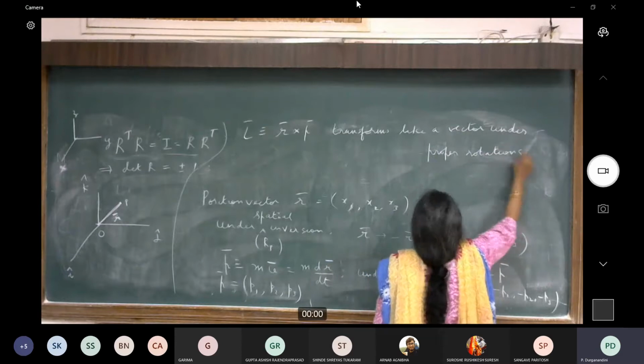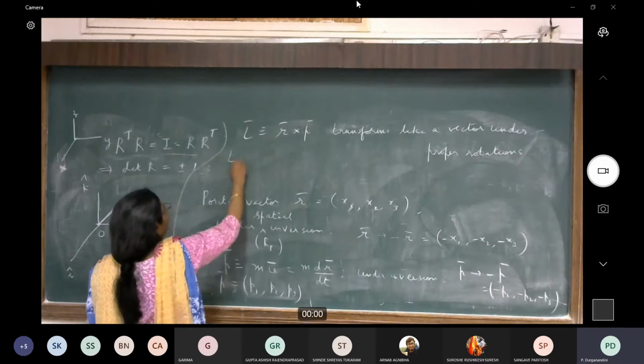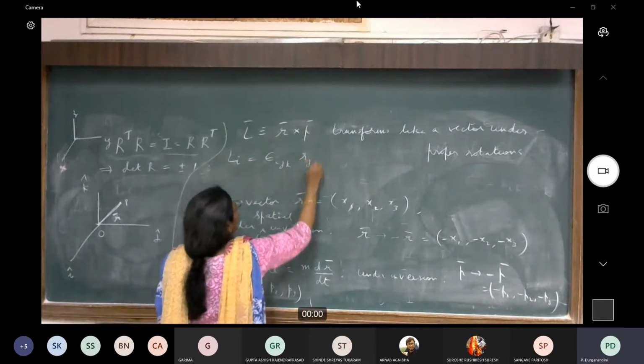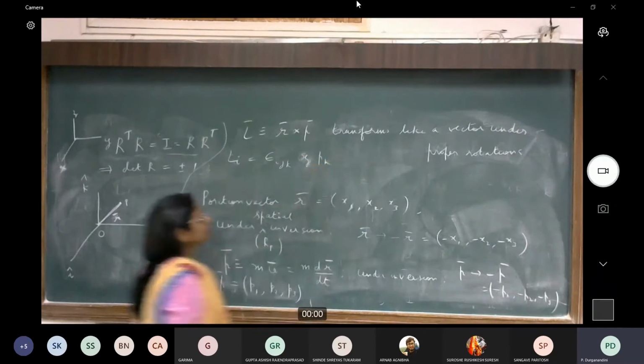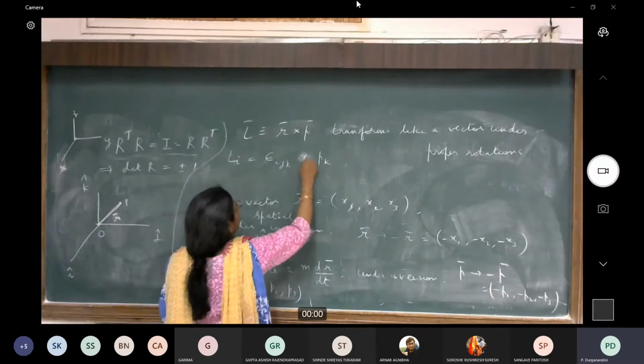And yesterday I gave you this compact way of writing the cross product of two vectors. So I can write this as epsilon ijk rj, or if you want xj pk. So the angular momentum can be written in this compact way.